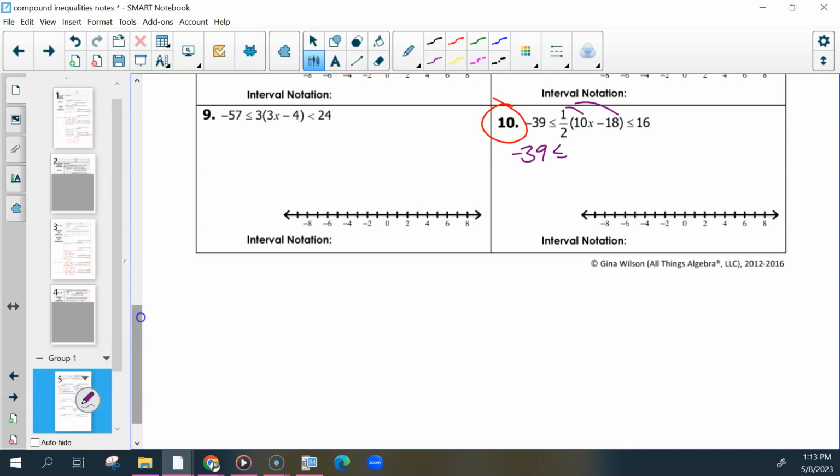There are multiple ways to do this one. So tell me what those two numbers will be. We're going to do 5x minus 9. Then we add 9. Yeah, add 9. Sorry.